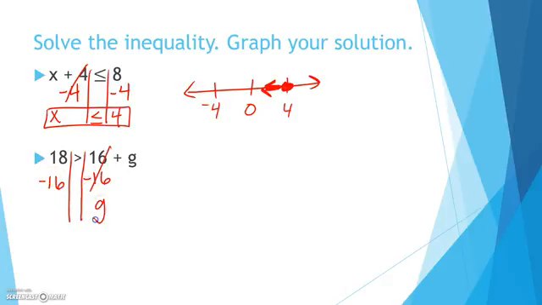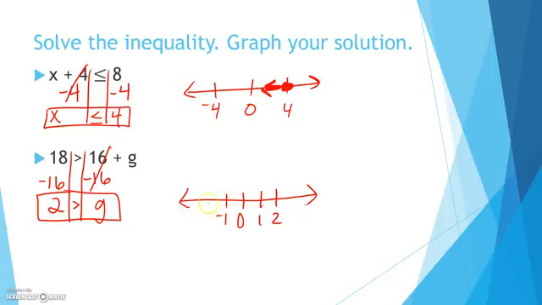And I'm left with just g on the right side. 18 minus 16, or the difference of 18 and 16, gives me 2. So I have 2 is greater than g. So I'm going to put this on a number line. I'm going to put 0, 2, -1, -2, and I'm going to go to 2.